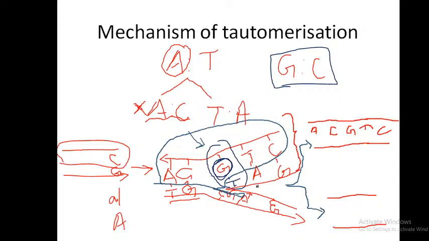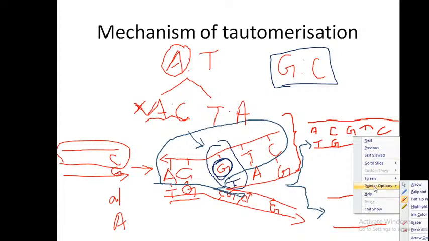That is, this is a single daughter strand. A pairs with T, C pairs with G, but here is the position where tautomerization has happened. So an improper binding has happened at this region.